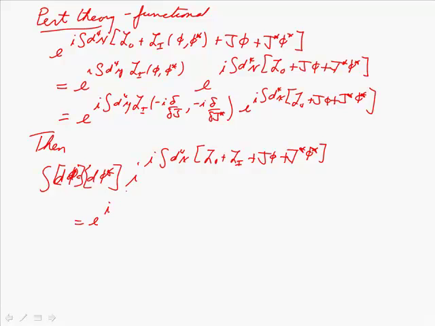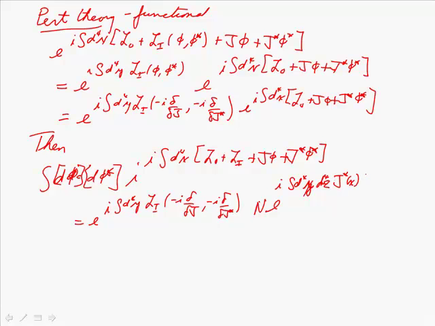It sits out in front, e to the i integral d4y, Li of the variational derivatives, and then you do the rest of the path integral, which is just a number, e to the i integral d4y, or let's make it x, d4z, sorry, j star of x, DF of x minus z, j star of z.